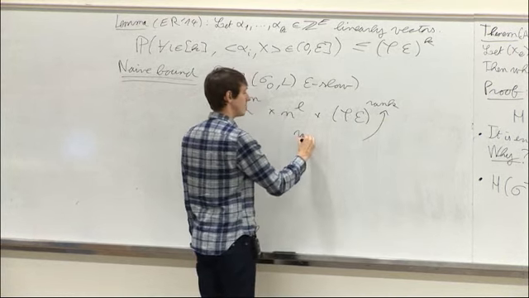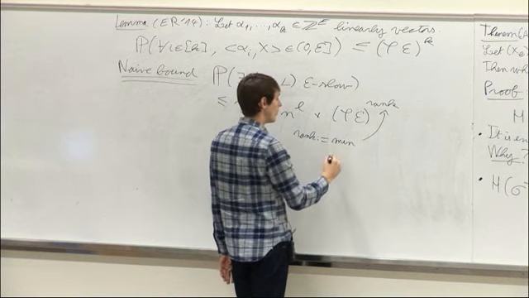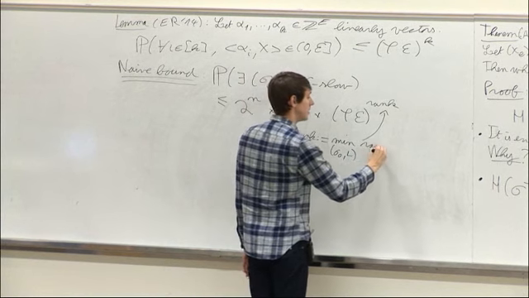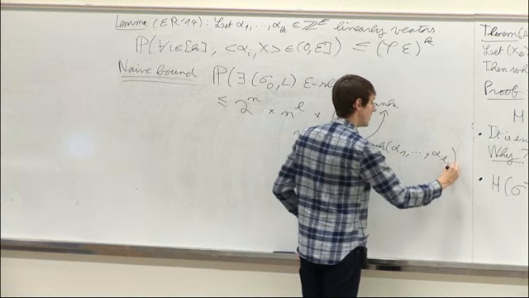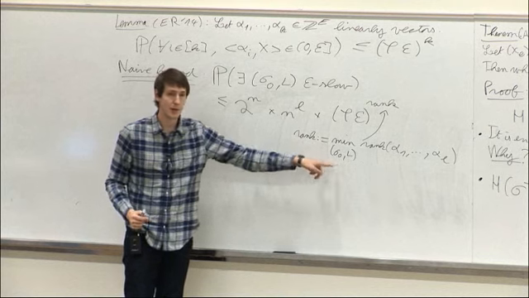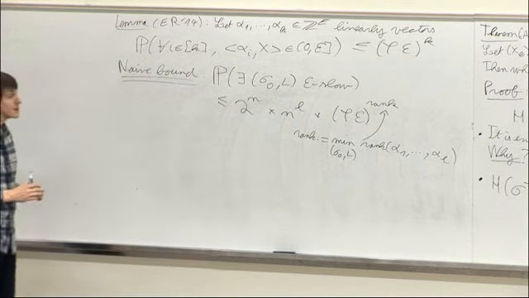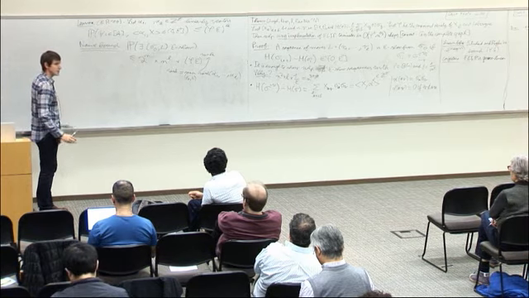The rank, I define it to be the minimum over all sigma naught and L of the rank of alpha 1 up to alpha L, where these alphas correspond to starting from sigma naught and doing the sequence of moves L. So this seems like maybe not such an easily tractable quantity, but we'll see that it is.